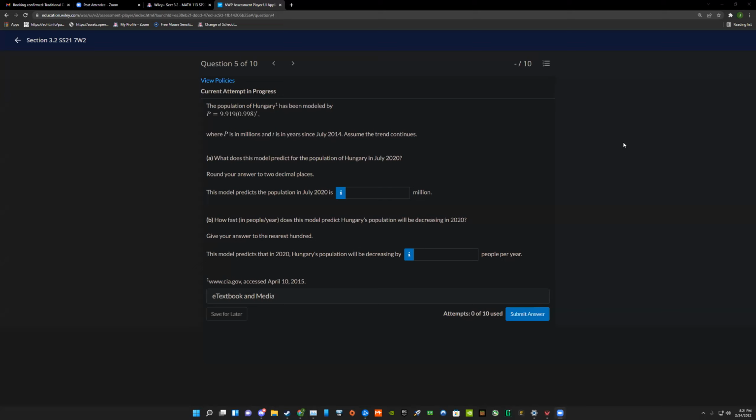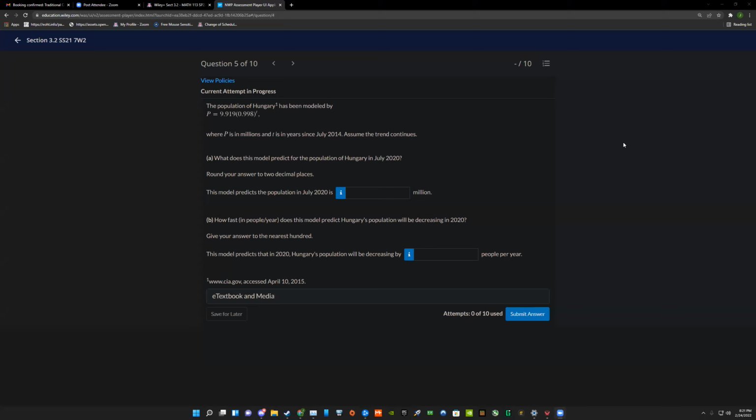All right, share screen. Okay, what does the model predict for the population of Hungary in July 2020? So they're saying that t equals 0 is for 2014. So 2020 is t equals 6.